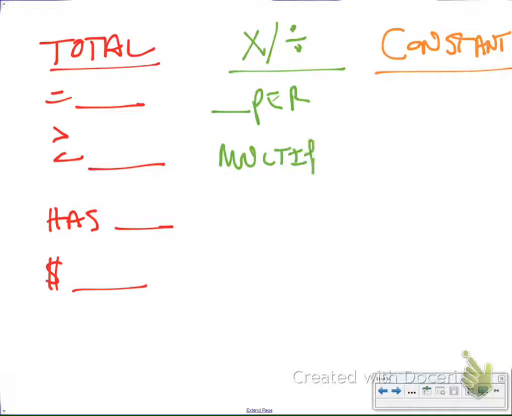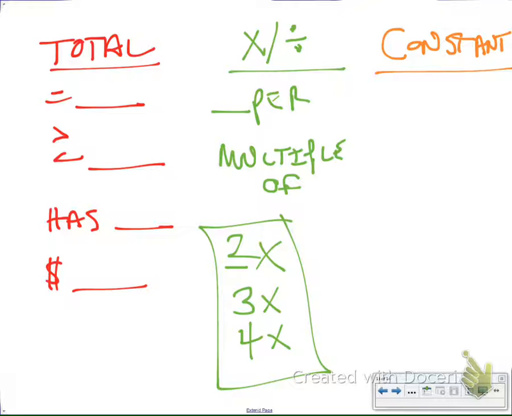A lot of times when we have situations where you're buying multiple items, or I'm buying several pairs of shoes, or I'm getting 3 drinks, or something like that, if I have multiple of an item, that's usually what's going to be on our multiply or divide. And this is what in our equation is going to be right next to the x, right? So maybe it's 2x or 3x or 4 pairs of shoes or something like that. But that's going to show you this section of our equation.